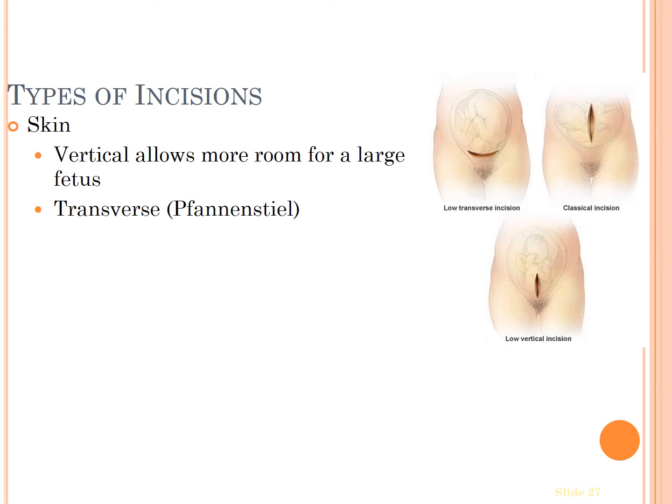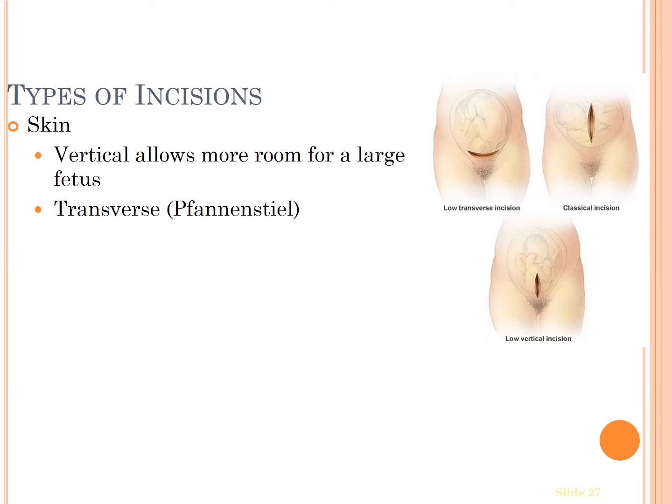So, you have two types of incisions. Okay, you have your skin incision. This incision here is, of course, the low transverse incision, or what many of you know as Pfannenstiel, and you do need to know how to spell that correctly. Then you have your classical incision, which is more mid-abdomen, and it's vertical.